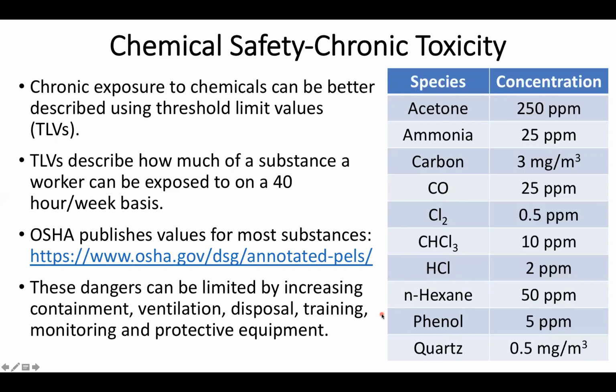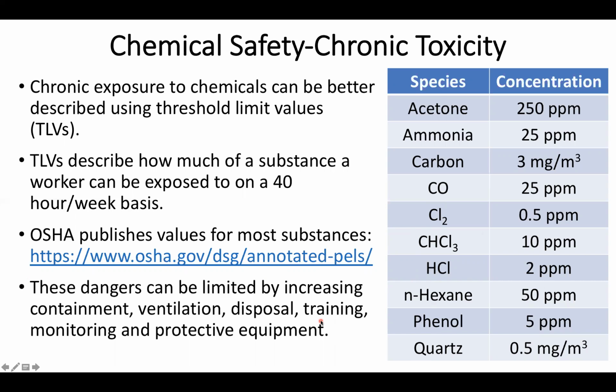And so again, one of the big things is to limit exposure, and a lot of what can be done is to decrease the concentration. Increasing the amount of containment, or decreasing the surface area that your solvents are exposed to, is going to seriously decrease the amount of evaporation. Other measures include increased ventilation in the work area and disposal of any open containers.